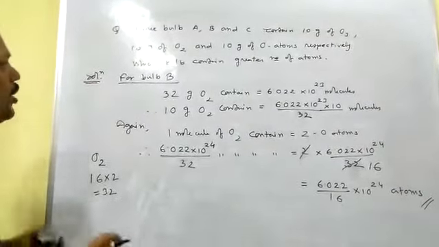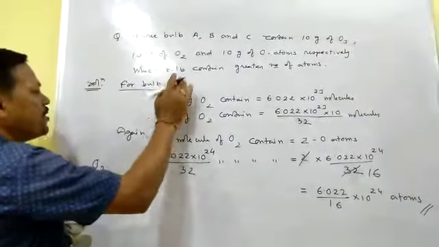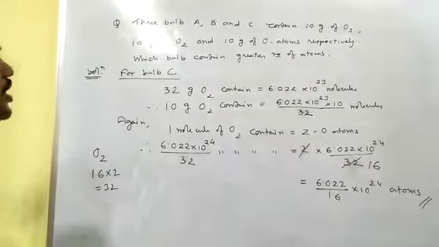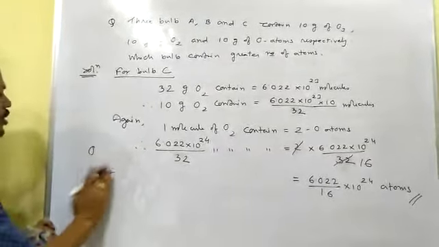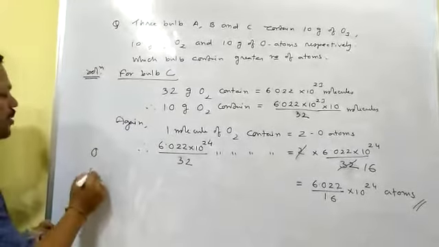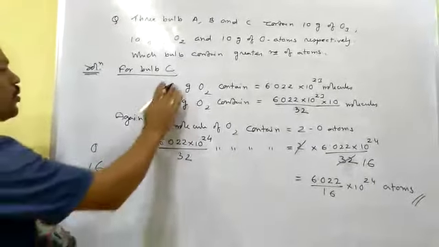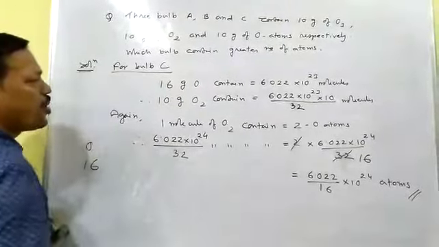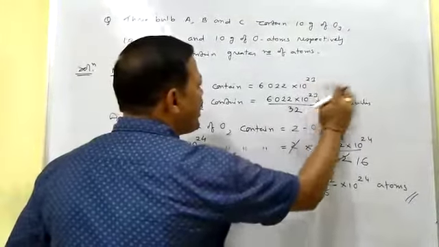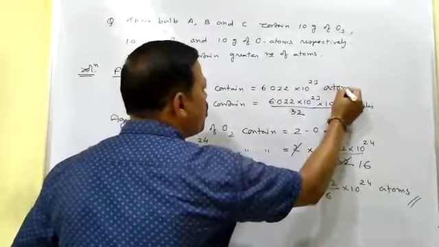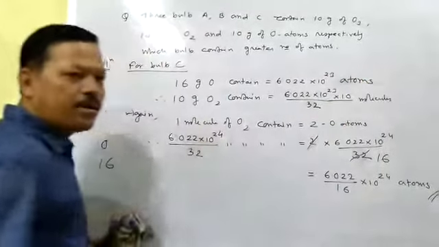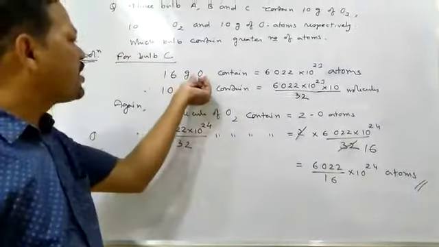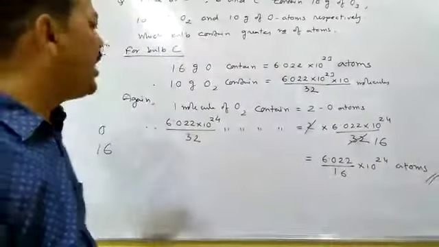Now I will do it for bulb C. Your bulb C contains 10 gram oxygen atoms. As you know, the oxygen atom is O. Its molar mass is 16. So 16 gram oxygen atoms contain this much, and directly you can write atoms, because O is an atom. If the substance is a molecule, then the particle will be a molecule. If the substance is an atom, then the particle will be directly atoms.